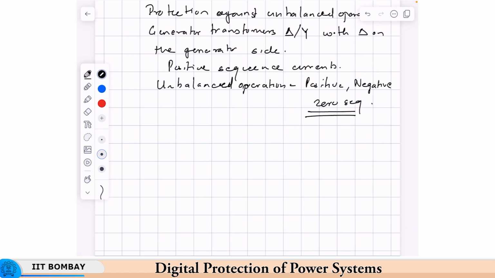According to ANSI standards, there is a negative sequence withstand capability of a generator, which is given by I2 square T equal to K, some constant. Now, this I2 is the negative sequence current in the generator.